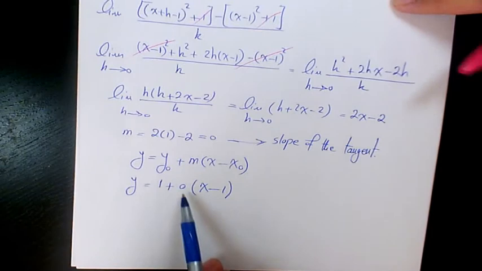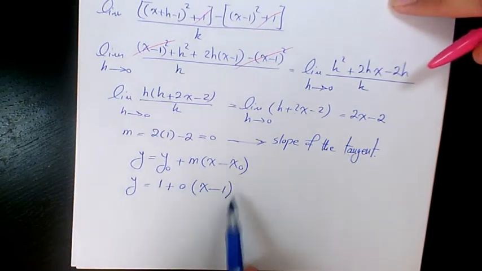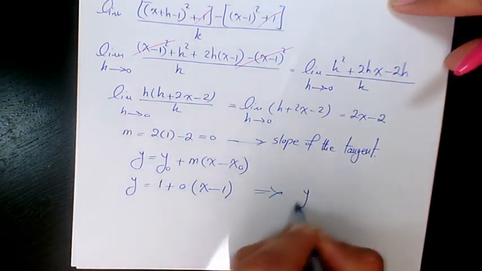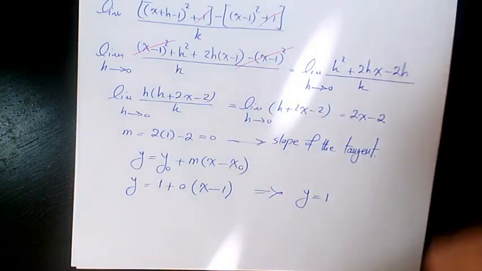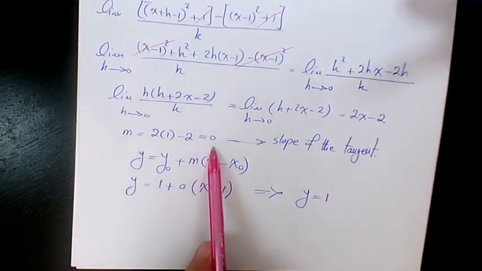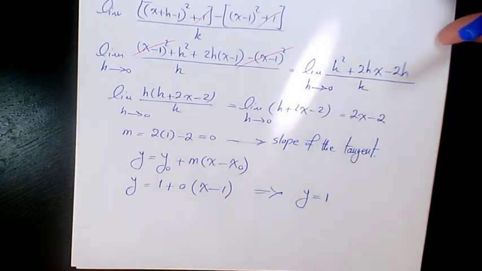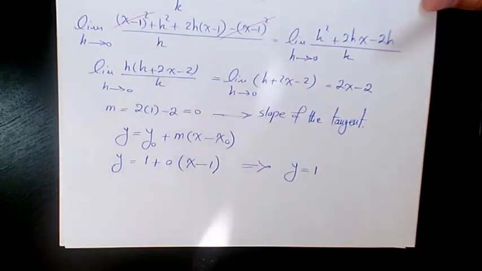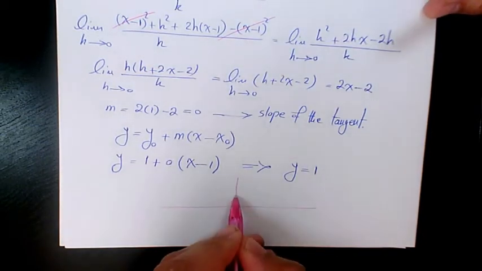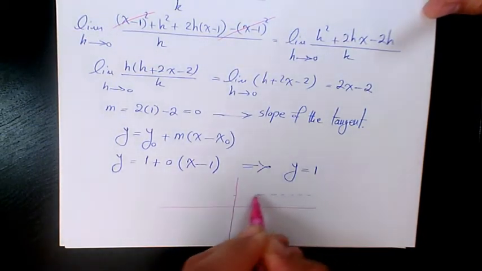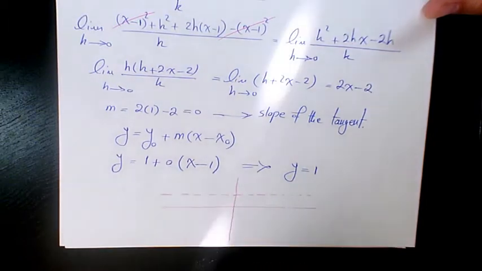So that's going to be simple, because this part is going to be nothing, and we're going to end up having y equals 1. That makes sense, because whenever m is 0, it means that we are dealing with a horizontal line. So if you graph it, y equals 1 is going to be like this, a horizontal line.